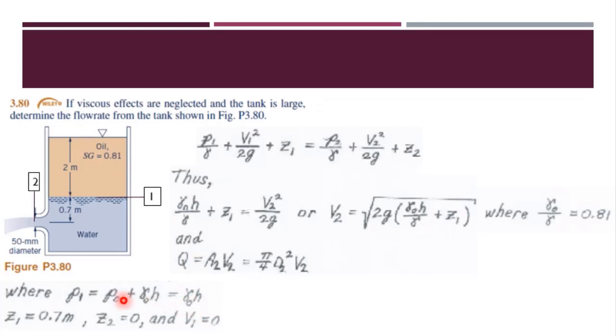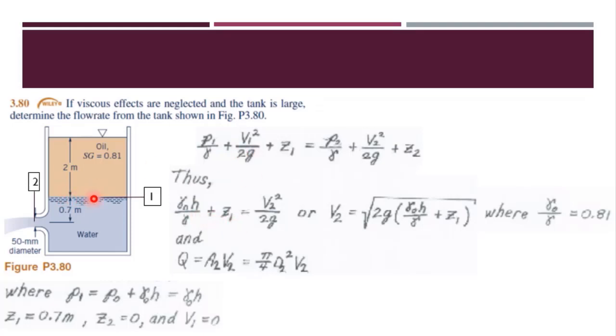So P1 will be equal to gamma oil into H, where H is equal to 2 meters. Now we put in the value of P1 in the Bernoulli equation.